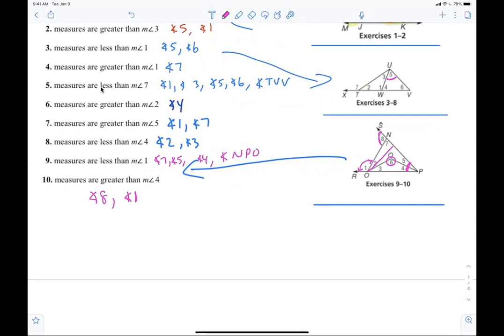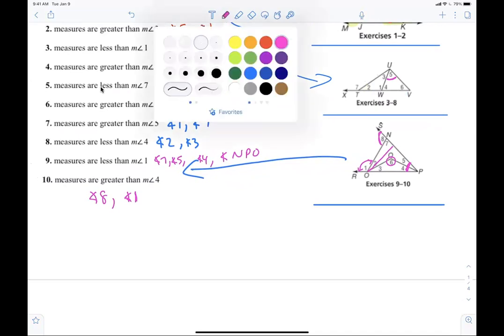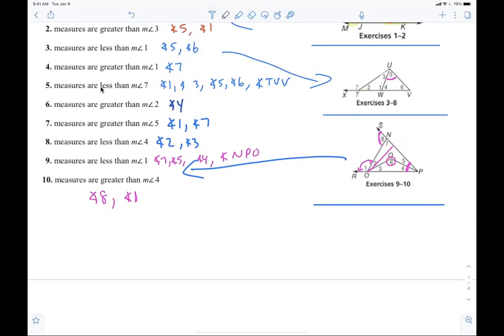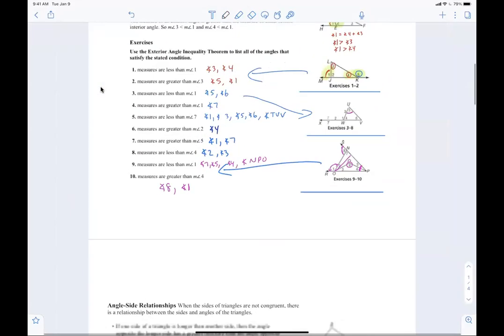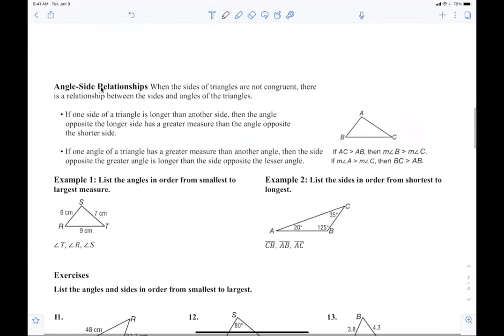Yep. And what else? I don't know what that one is. Because you're looking at UT, cover up UT. If I block UT, now it's an exterior angle. Right? All right, so I'm pretty happy with that.